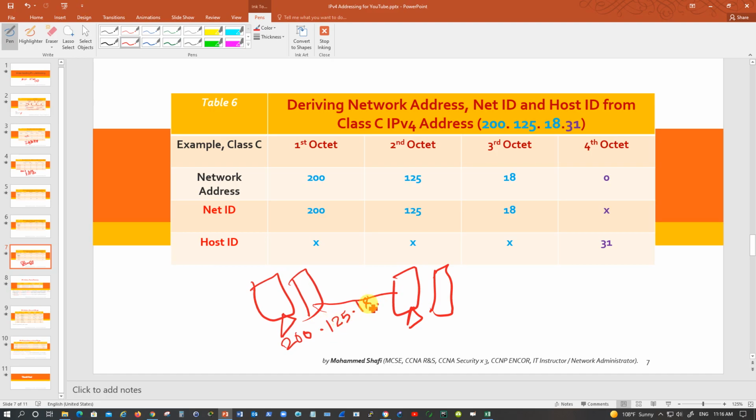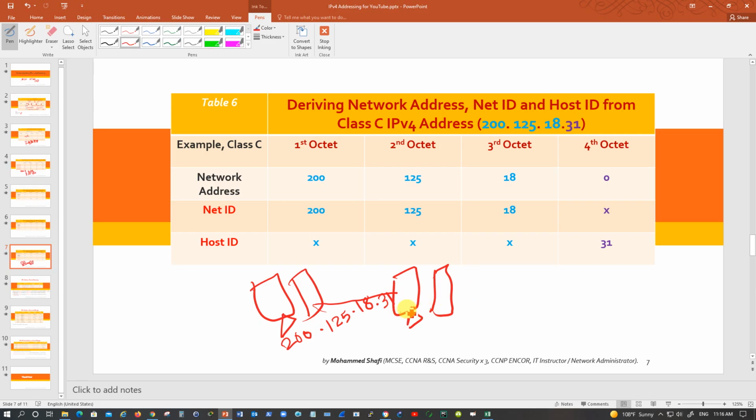Where I have to make uniqueness is the fourth octet, which is the host ID. If this one is 31, I cannot have 31 for the second one. I have to have a number other than this.